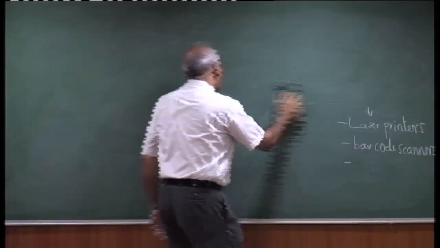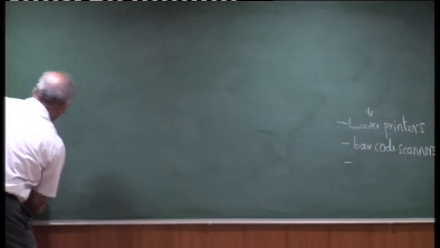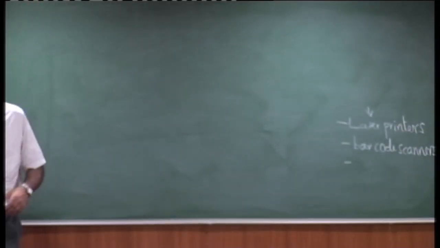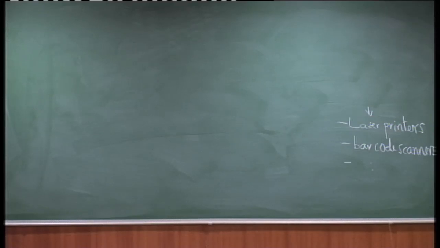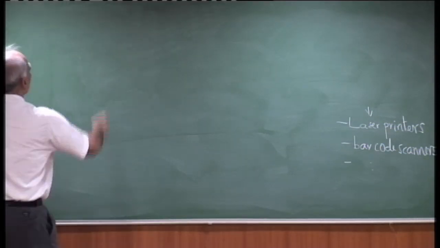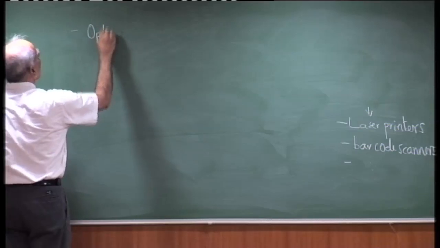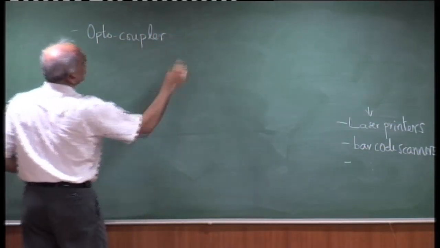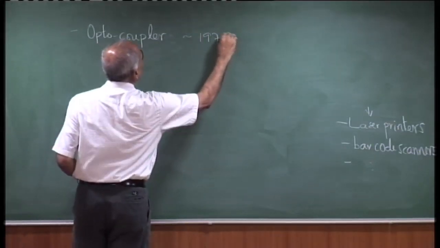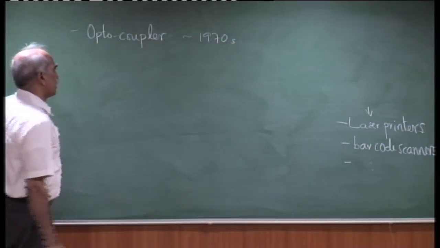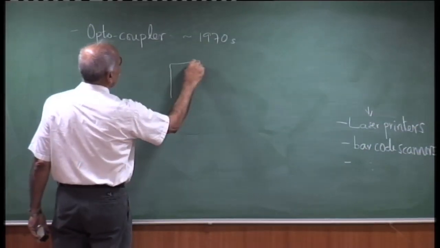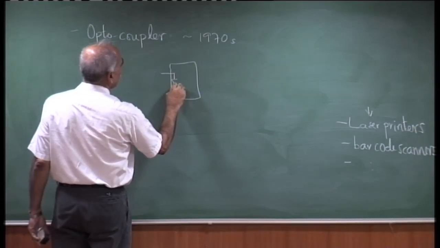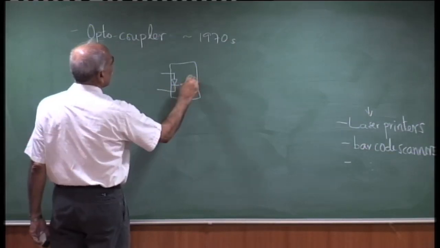Historically, one of the earliest optoelectronic components is the optocoupler. This was in the early 1970s. An optocoupler is basically comprised of a light source and a photodetector.